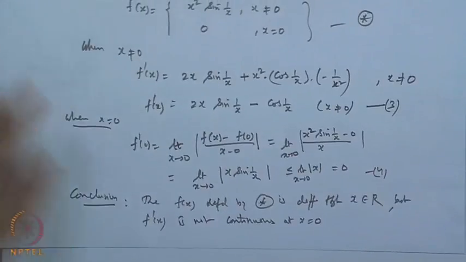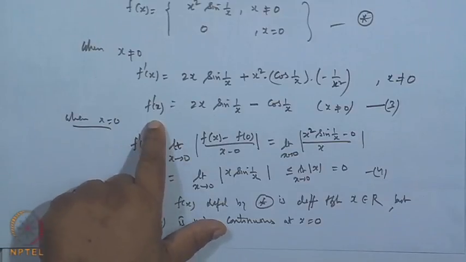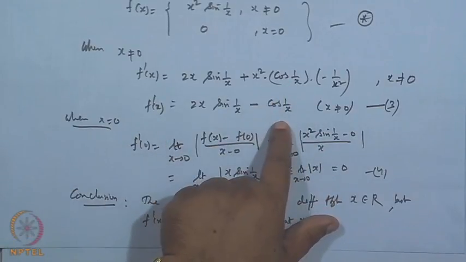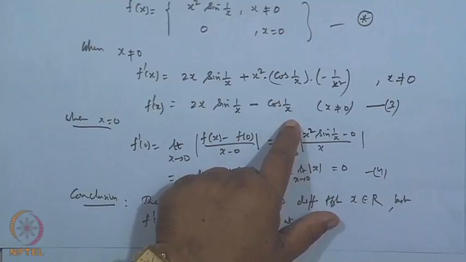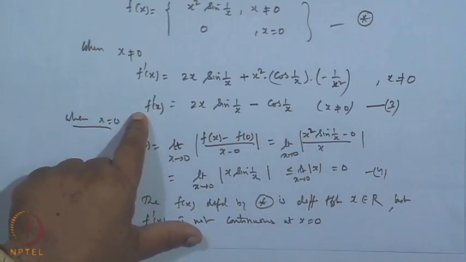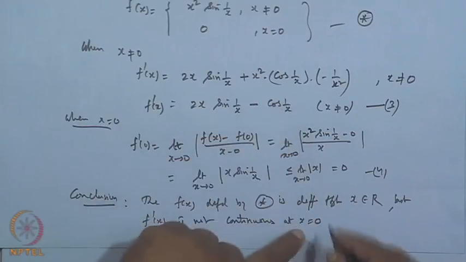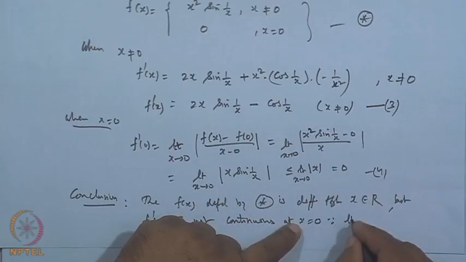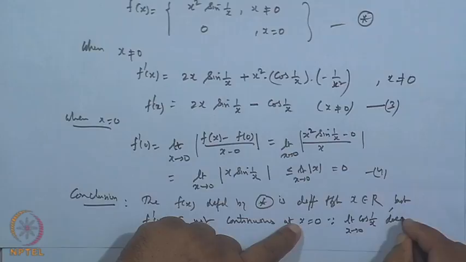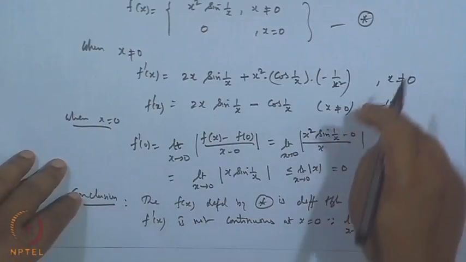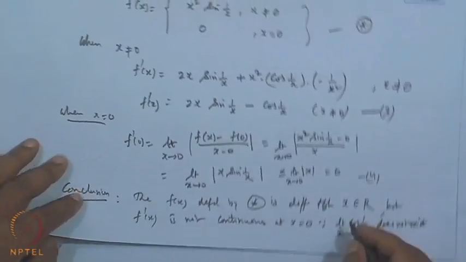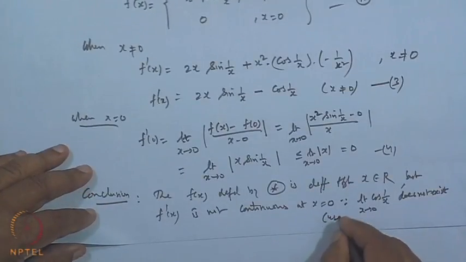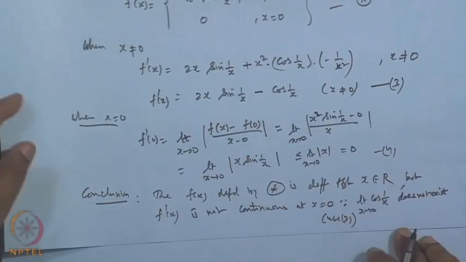Why? Because the derivative involves cosine of 1 by x. So when you take the limit as x tends to 0, the limit does not exist, because the limit of cos 1 by x as x tends to 0 does not exist, which appears in equation 3. Okay.